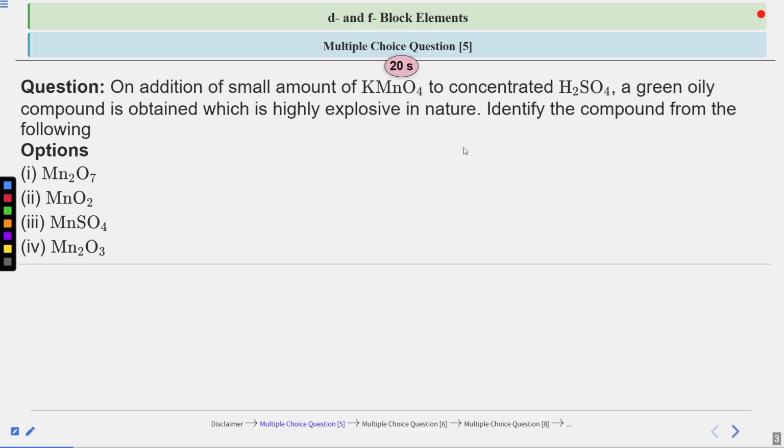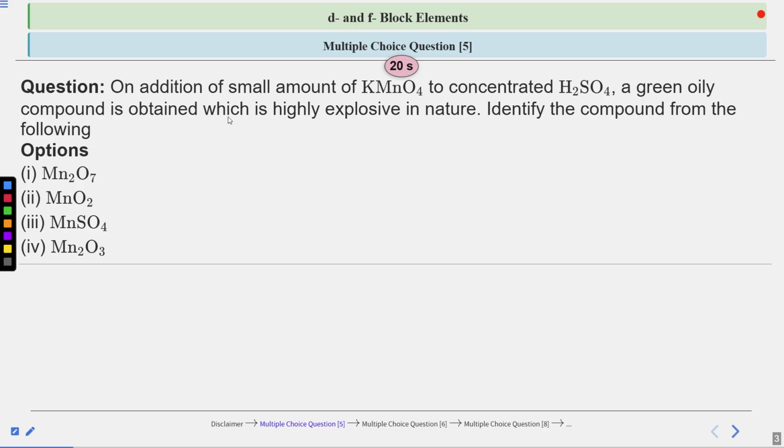So try to remember the uses and the properties we have seen for the d and f block element compounds, and the properties we have studied about the compound formed by potassium permanganate.